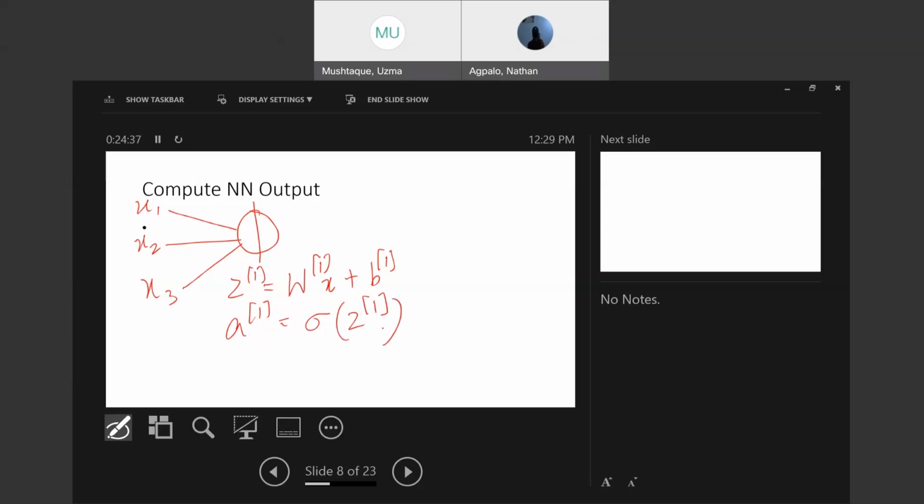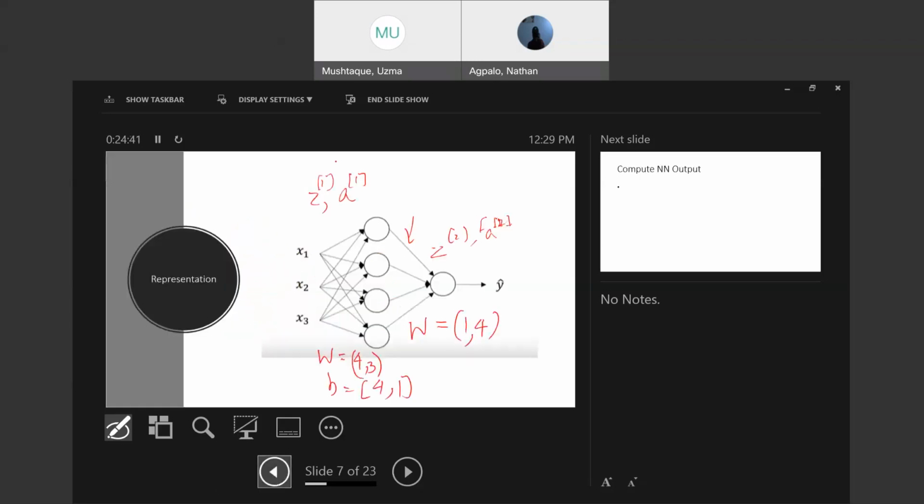Okay. Now, if we go back to this 4-node network here, and let's say I ask you to implement this, and by implementation I mean just doing these computations that I just talked about. When you're doing that, you will have to think about how the vectorized version is going to work.